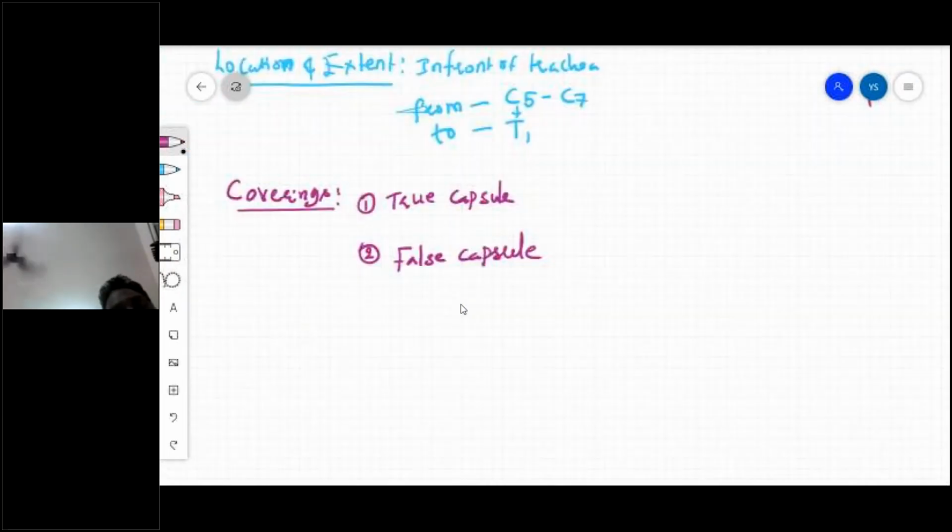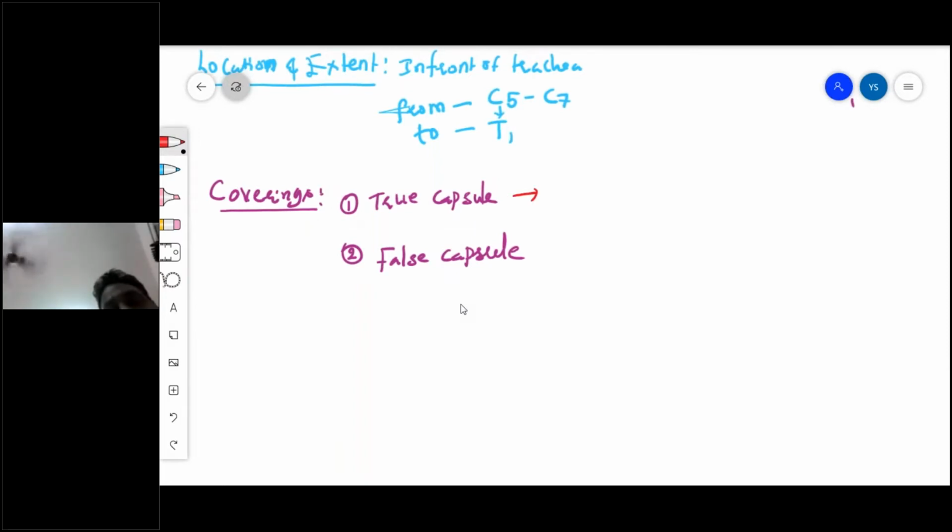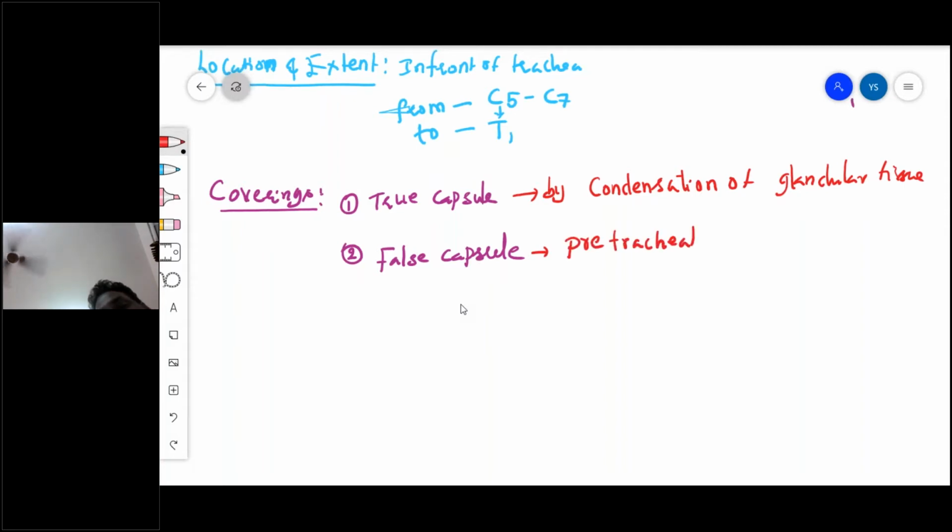Now we write down: true capsule formed by condensation of glandular tissue, and false capsule formed by pretracheal layer of deep cervical fascia.